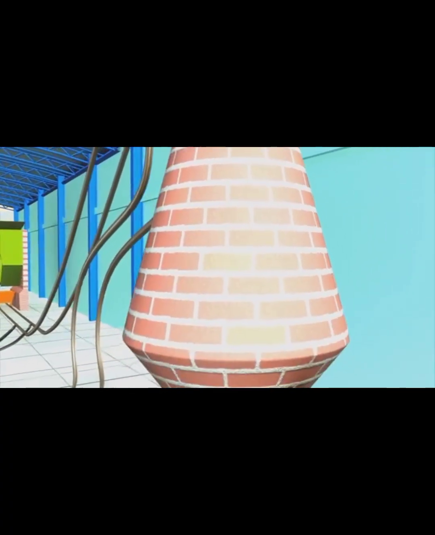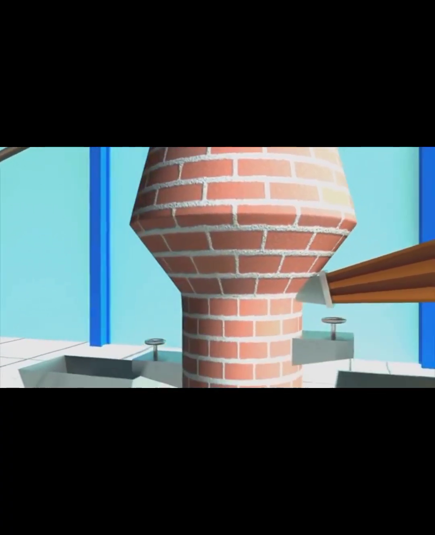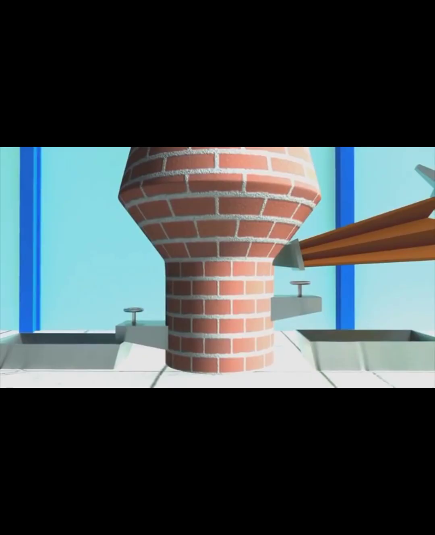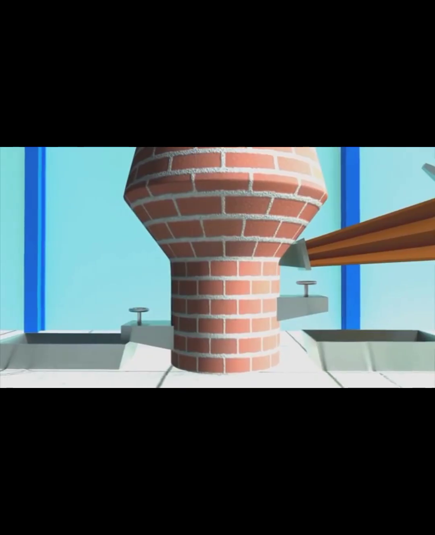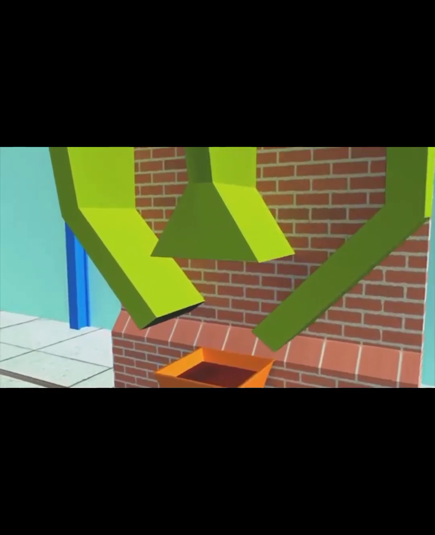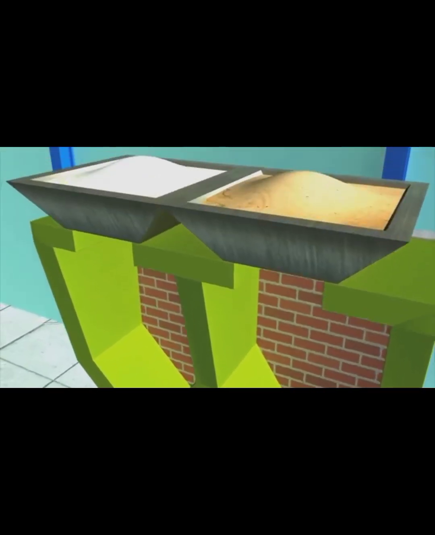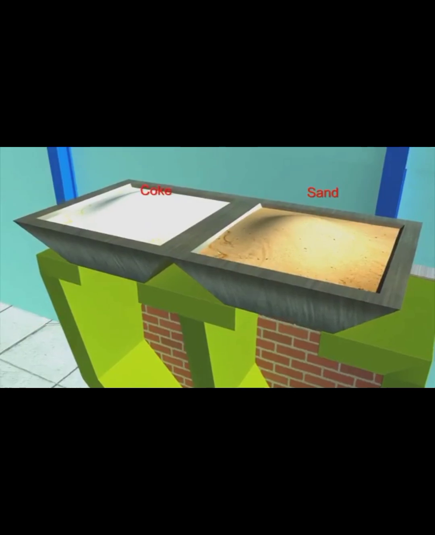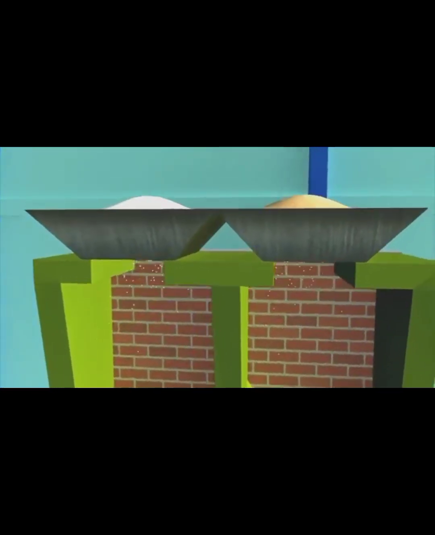Look at the blast furnace made up of steel plates lined inside with fire clay bricks. Now drop a mixture of roasted ore, powdered coke, and sand into the furnace and heat it.